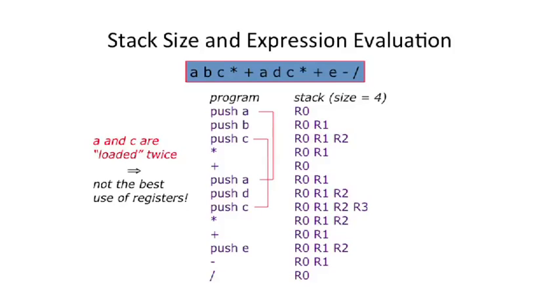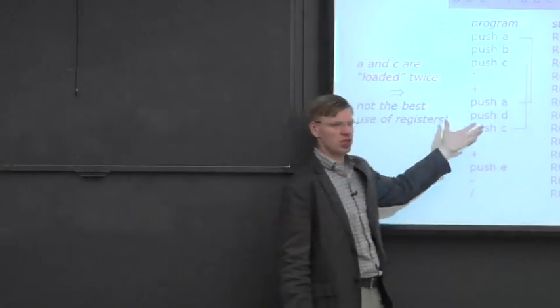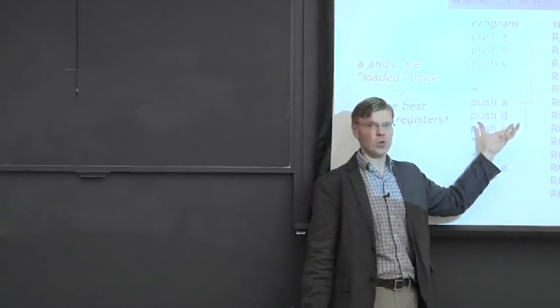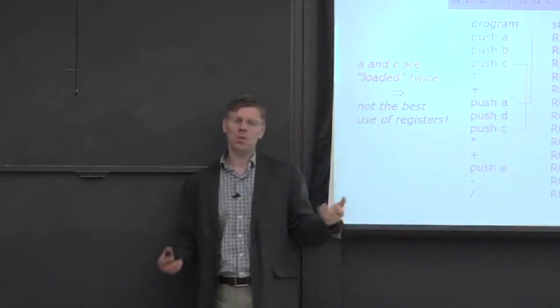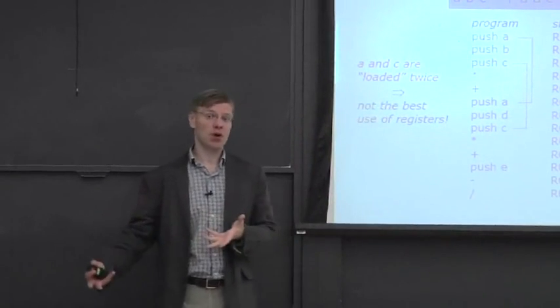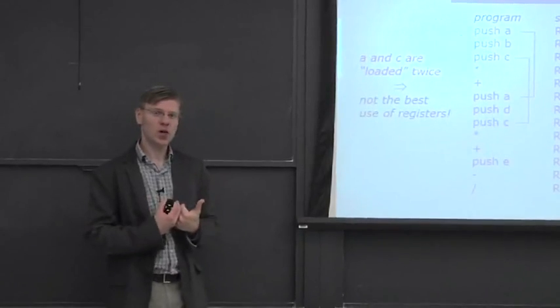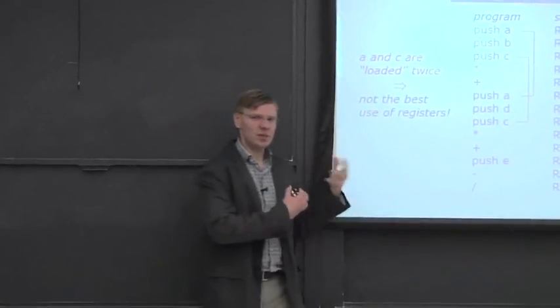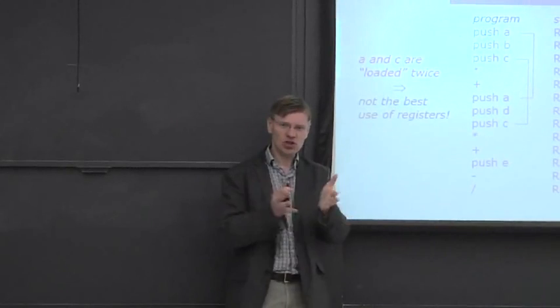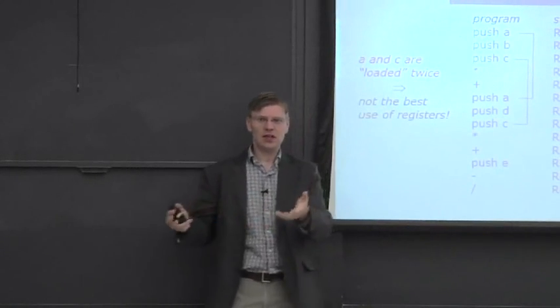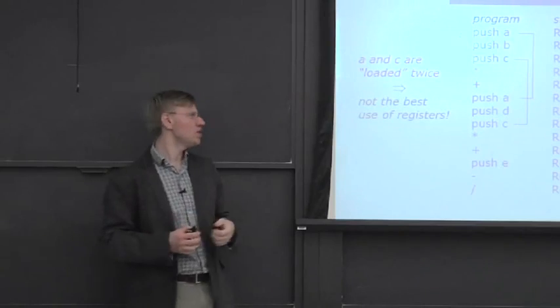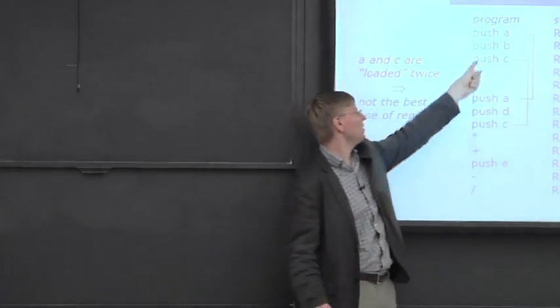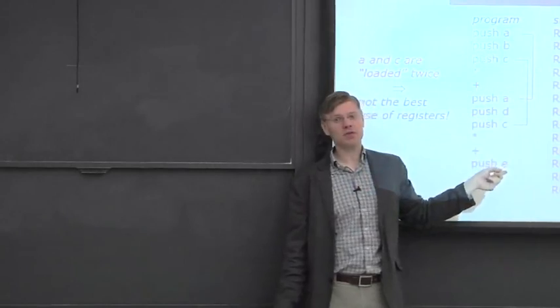So all of a sudden, we're doing extra work, and maybe we could have done less work if we had an architecture, or a machine model, a big A architecture, which allowed you to store multiple things and name different operands. So what I want to get across here is, while a stack-based architecture is very simple, the instructions are very dense, it may not be good for performance because you might end up having to reload values multiple times.